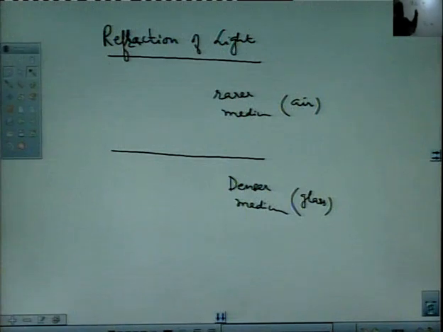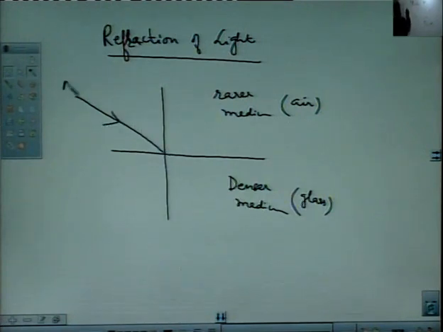If a ray of light traveling in air strikes the surface separating it from glass, then it will bend towards the normal. This is the normal. It will bend towards the normal.